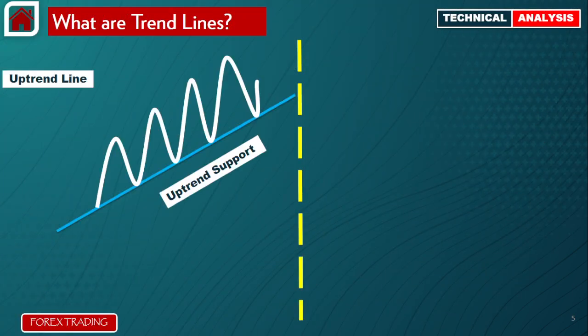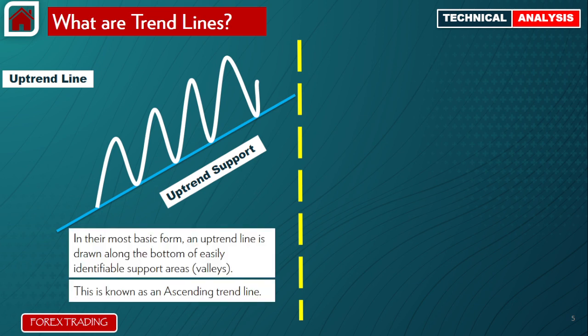So this is how we draw the trend lines in their most basic form. An uptrend line is drawn along the bottom of easily identifiable support areas or valleys. This is where the blue line is. When the price is moving in an upward direction, a bullish market, the trend line is drawn at the bottom of the price, at the valleys, and this is also known as an ascending trend line.